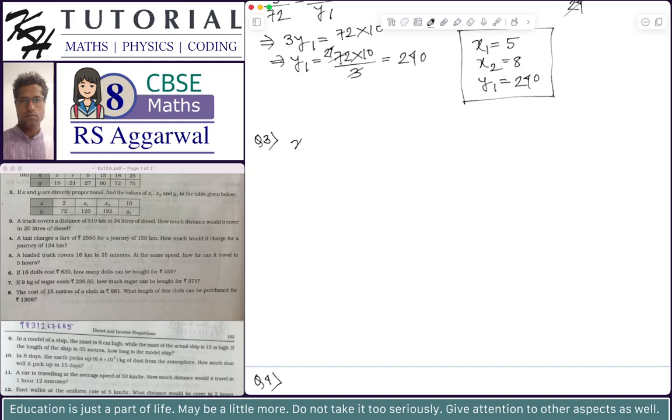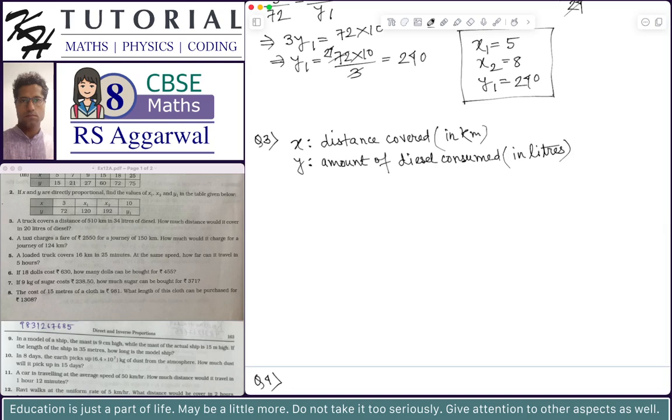So clearly the quantities are, let's say, I am considering the quantity x to be the distance covered in kilometer, and let's say the quantity y to be the amount of diesel consumed in covering the distance, in liters.